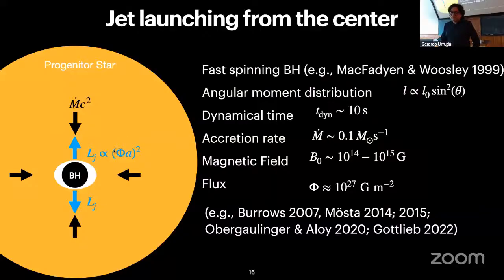Of course, we have a magnetic field and a highly spinning black hole. We can extract luminosity via the Blandford-Znajek process. So the luminosities that we need to produce, thinking of these typical accretion rates, are around 10^52 ergs, and doing a rough estimation of how much magnetic field strength you need to power a magnetic flux, it is around these typical values.